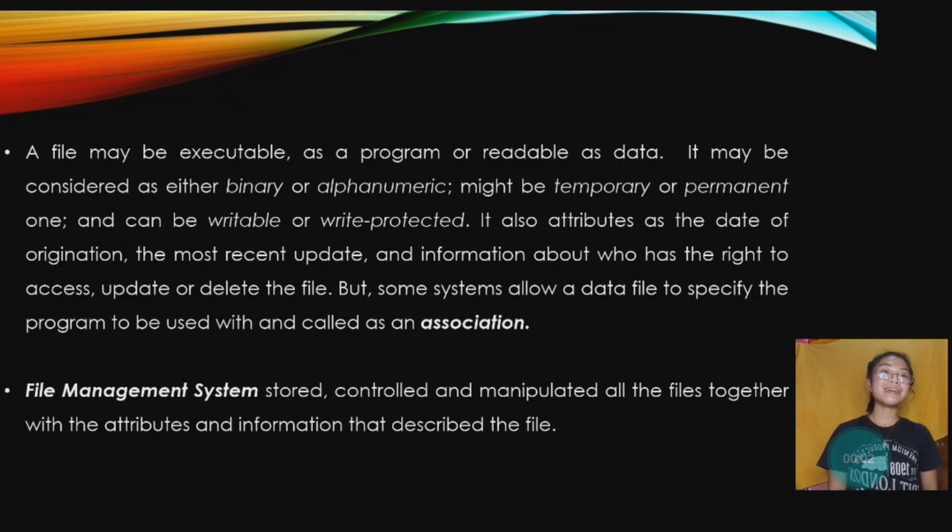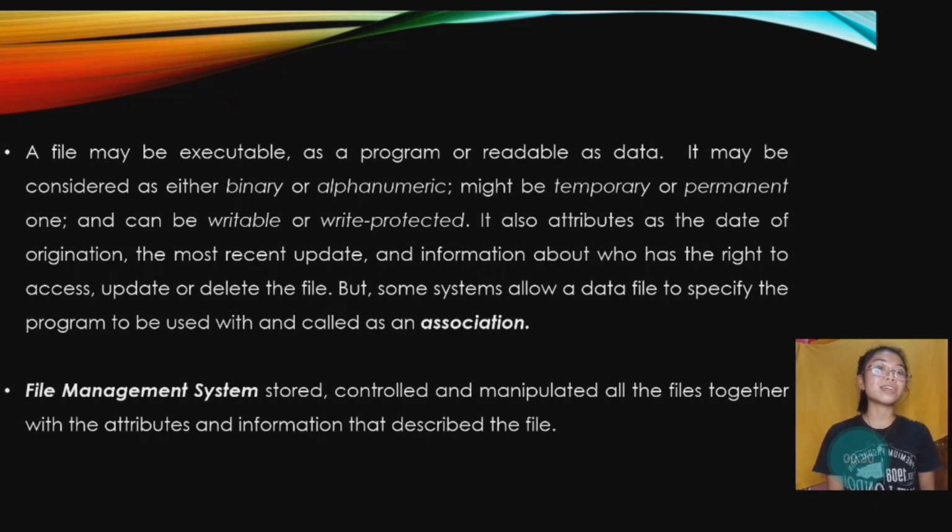A file may be executable as a program or readable as data. It may be considered as either binary or alphanumeric, might be temporary or permanent, and can be writable or write protected. It also has attributes such as the date of origination, the most recent update, and information about who has the right to access, update, or delete the file.